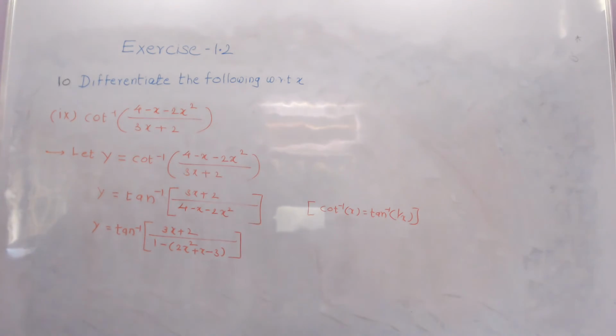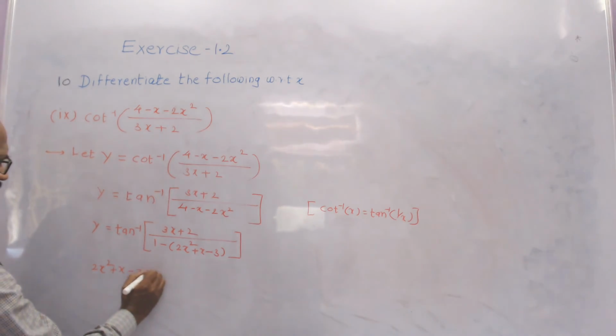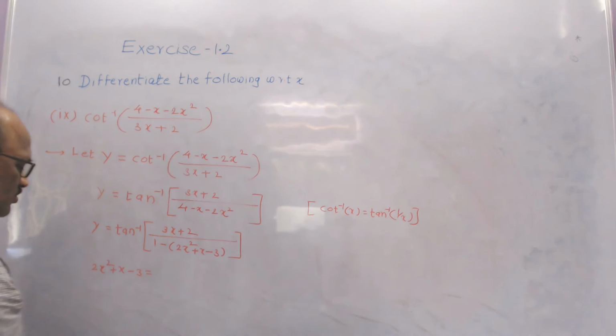Now you can factorize this. That is 2x square plus x minus 3. The product of these two is 6.